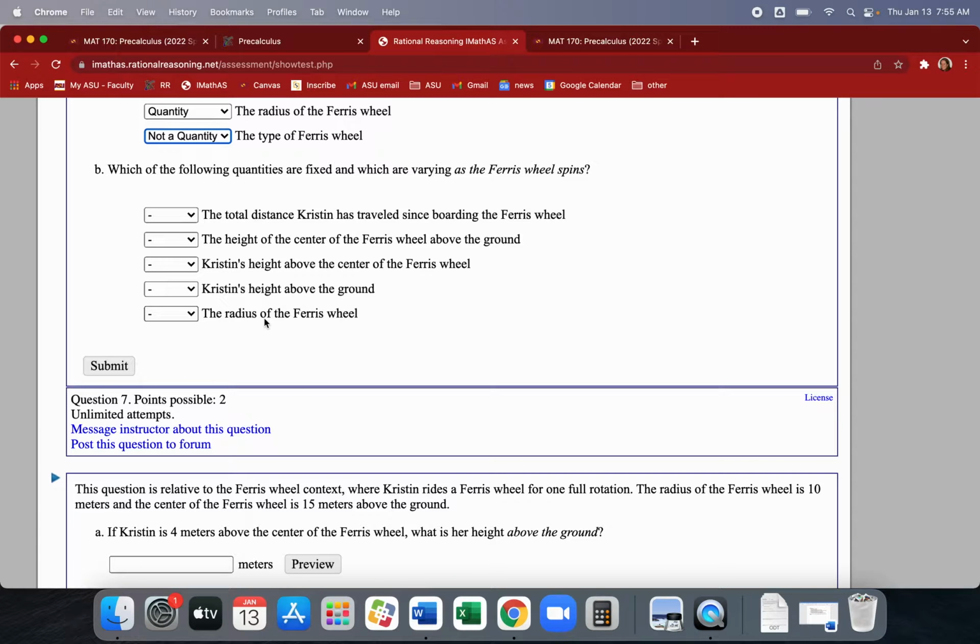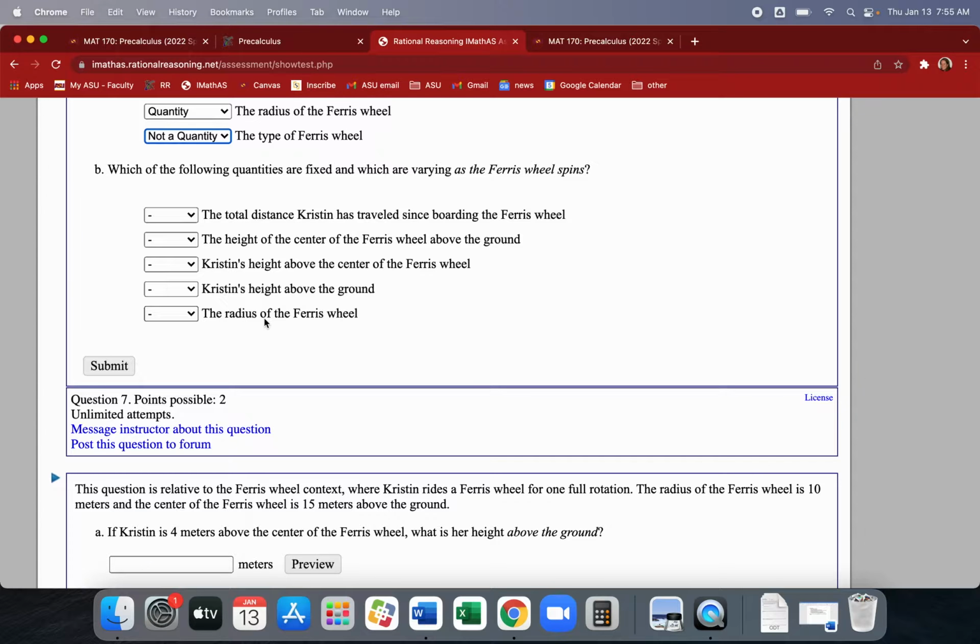Of those 5 things, which are fixed and which are varying? How many of those 5 are fixed quantities? 2 of them. What's one of the 2 fixed quantities listed?